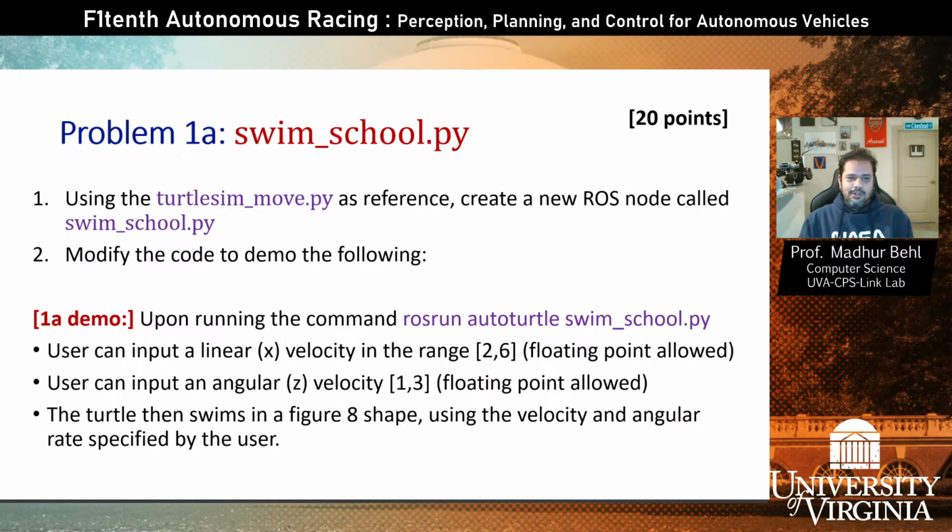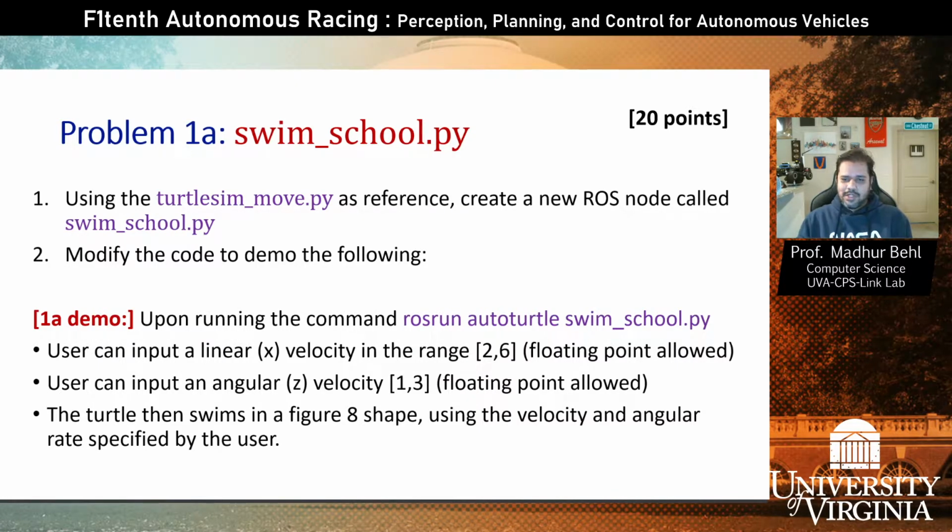In the demo of this problem, what we are looking for is that when you run the command rosrun autoturtle swim_school.py, essentially when you run this node that we are asking you to write, there's a prompt which appears on the terminal, asking the user to input a linear velocity in a particular range.